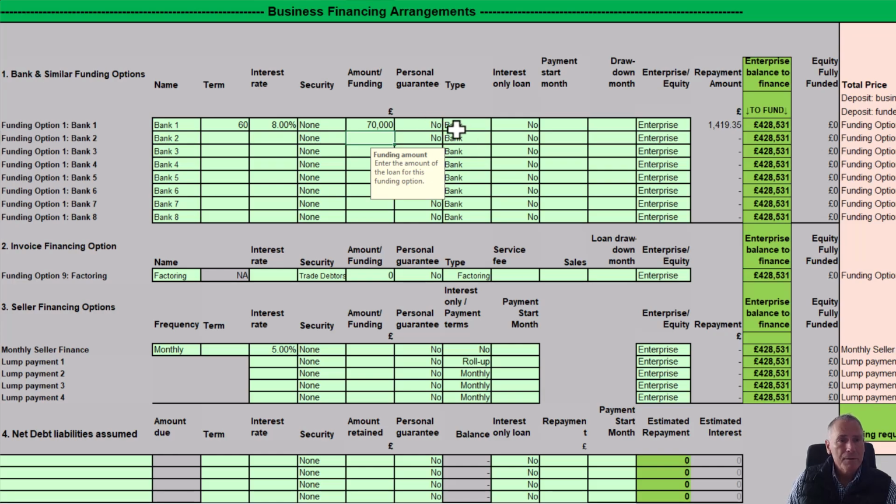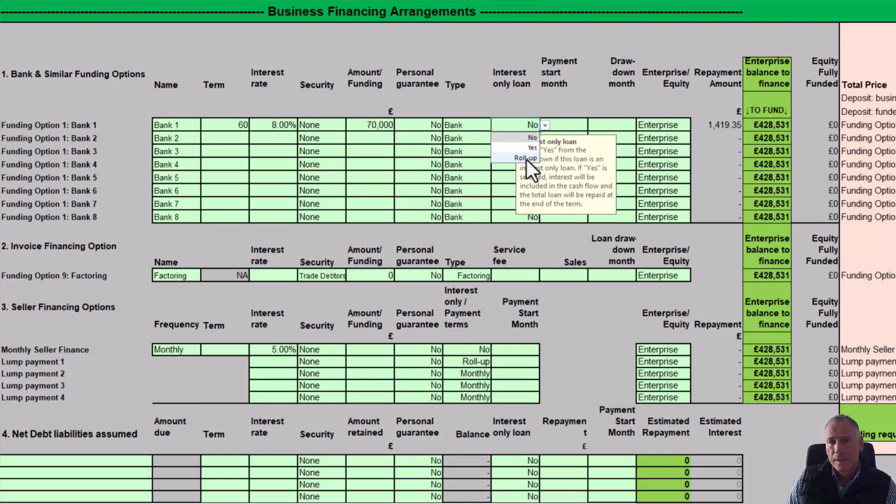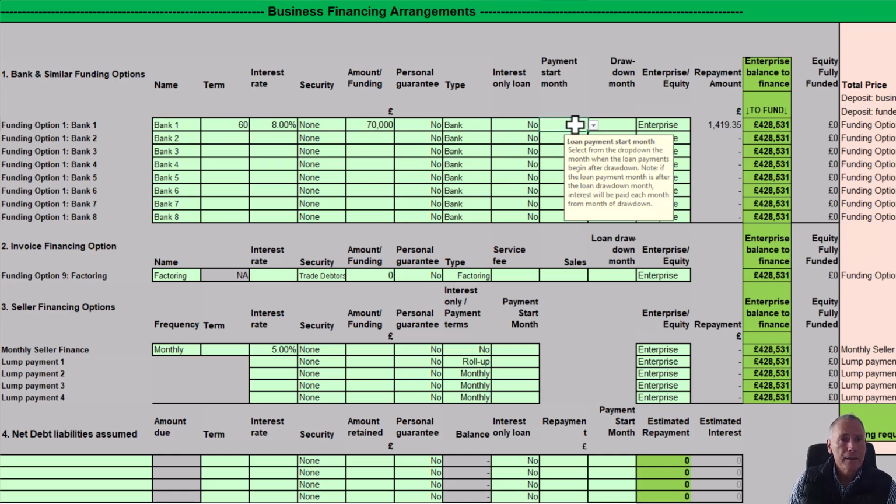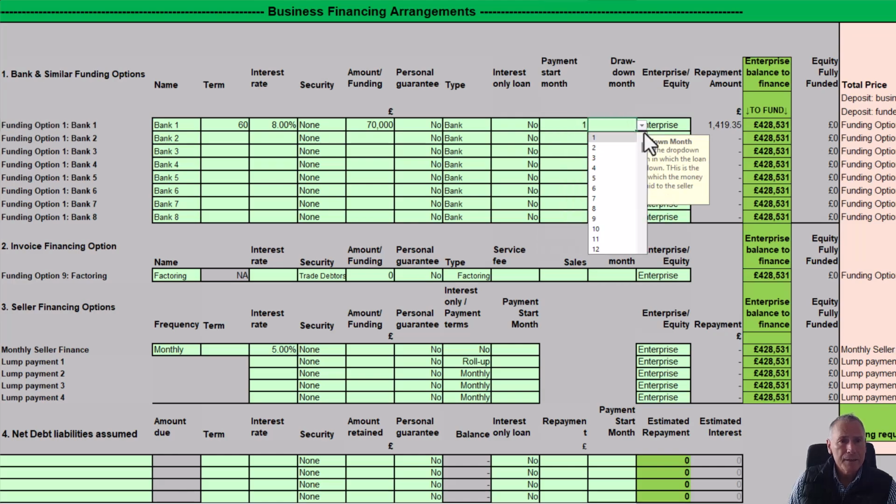There's no personal guarantee. It's a bank loan, interest only loan. You've got the option of saying interest only or roll up. Roll up is that there's nothing paid until the very end. Interest only would mean that you pay interest only. But I'm going to assume that this is a capital and repayment loan. And I'm going to say that it starts in month 1 and the drawdown is in month 1.